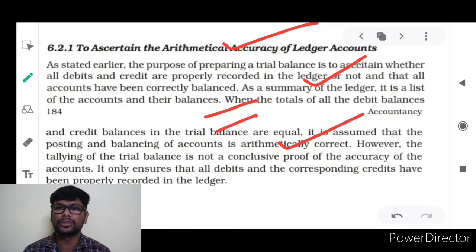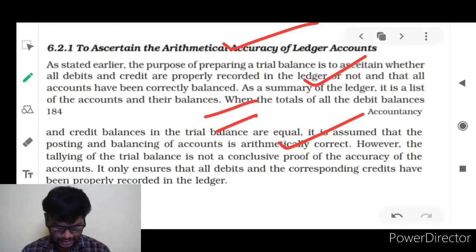So this gives very good information to prepare financial accounts, isn't it? The trial balance is prepared for the purpose of locating errors and checking the accuracy of records. At the same time, it is the base for preparing final accounts.